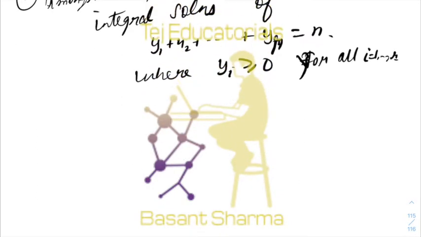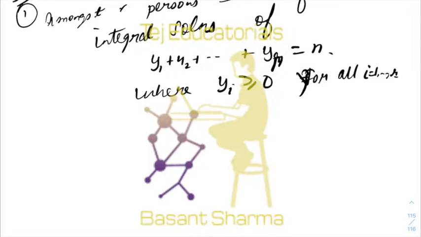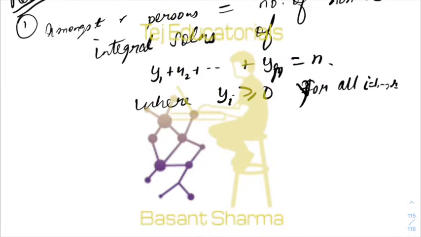Okay. Now, first of all, why is this true? Clearly, the proof is that there is a one-to-one correspondence between distribution of n identical objects among r persons and non-negative integral solutions of this equation.